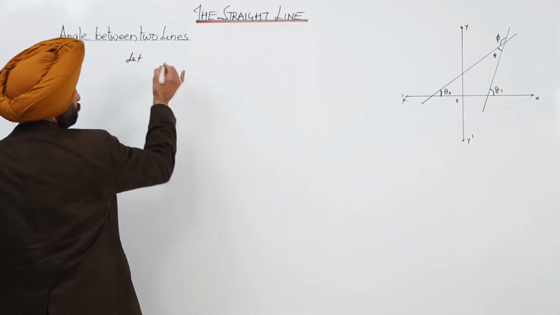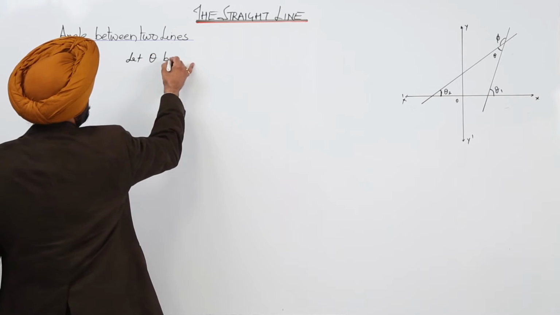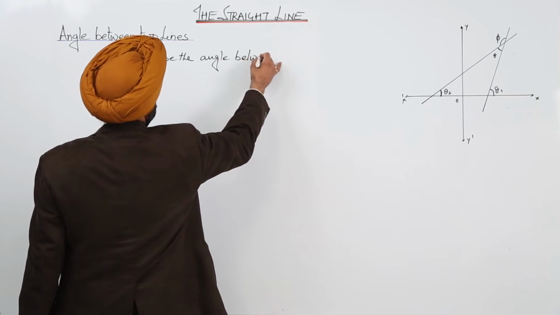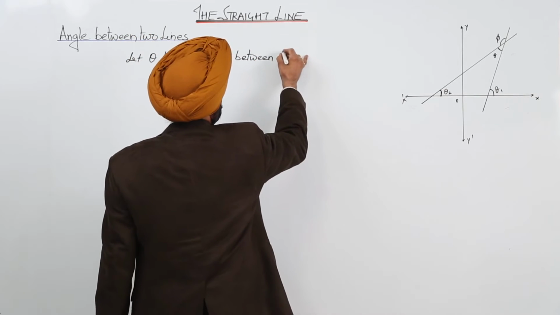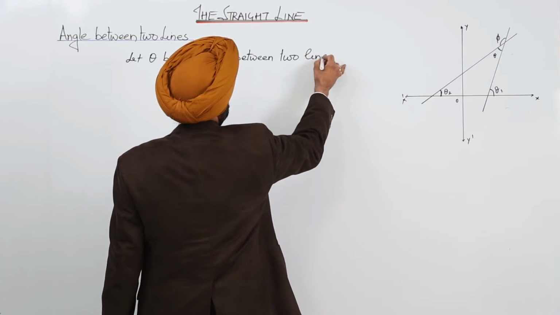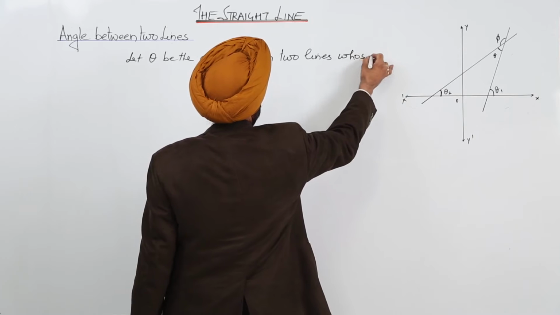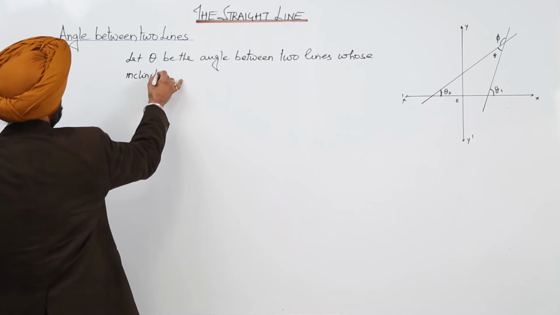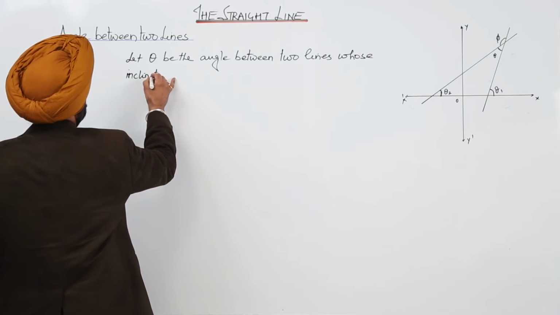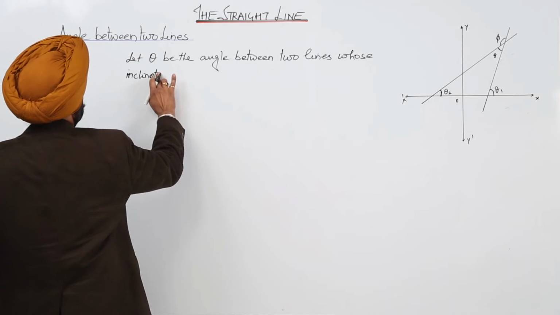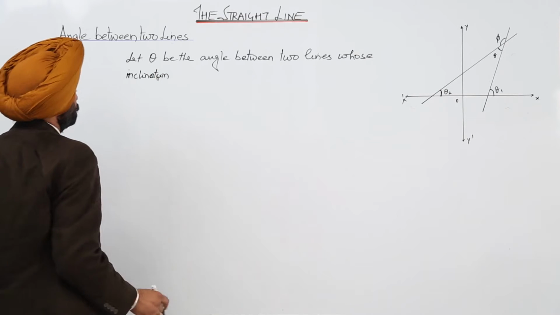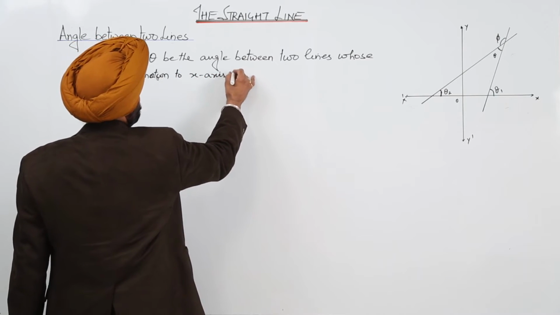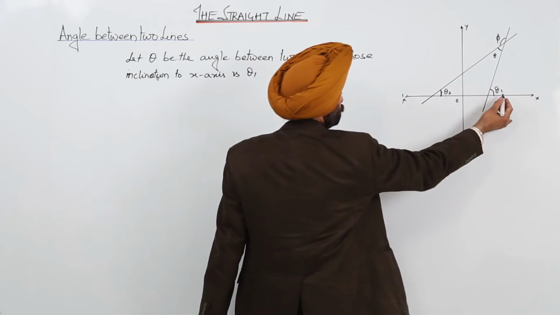According to this figure, let theta be the angle between two lines whose inclinations to the x-axis are theta 1, this one, and theta 2.